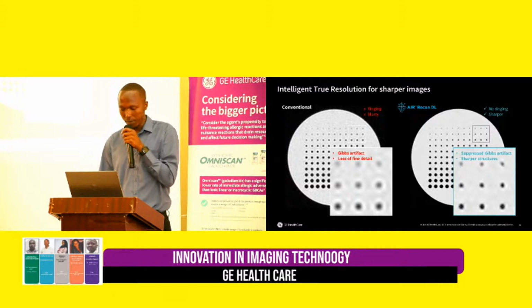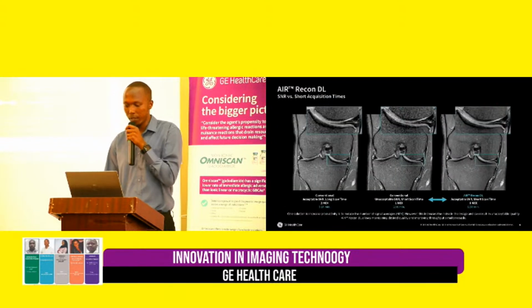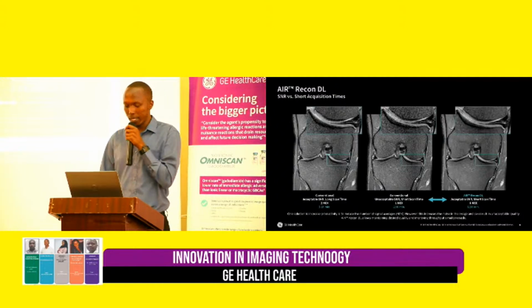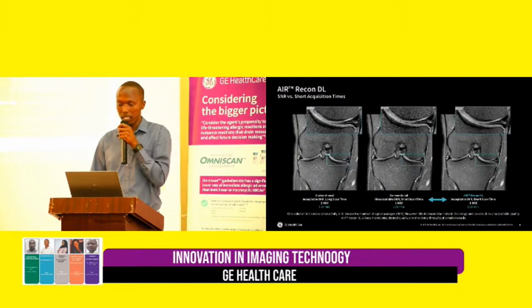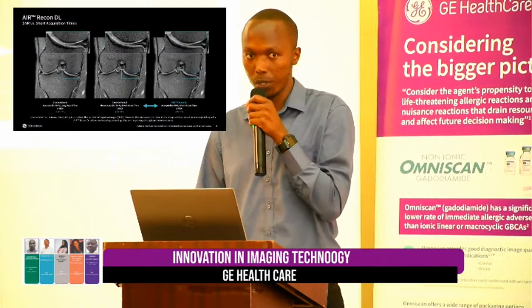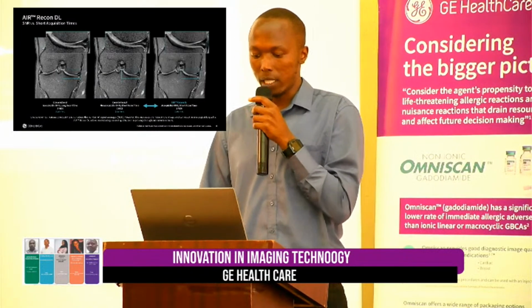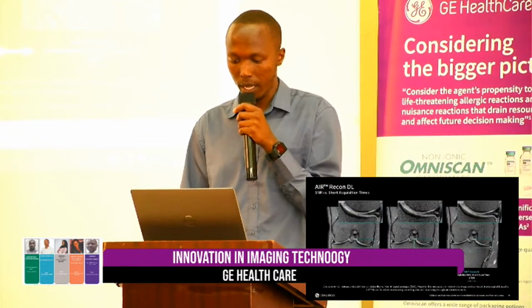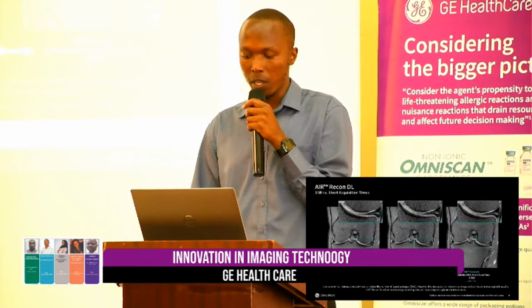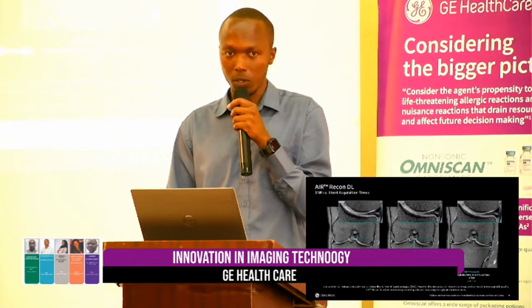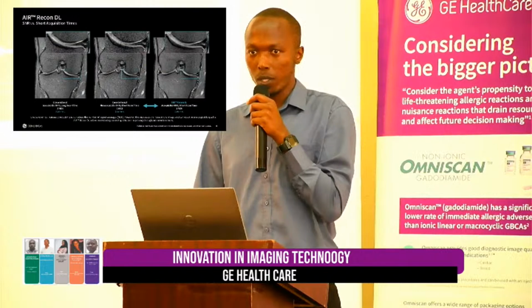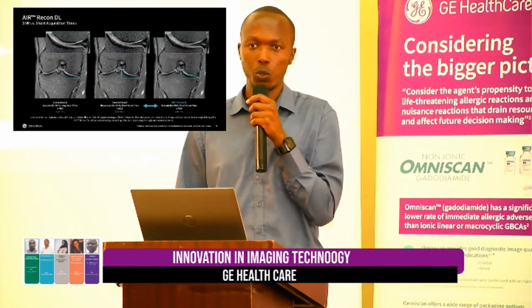A real life example is this image of the knee. The last image here is an acceptable image. It has a good resolution. But if you notice, we are scanning at 3 minutes 24 seconds using NEX, or number of excitations, of 2. If you want to scan faster, what would you do?